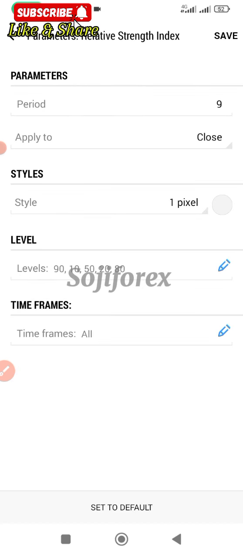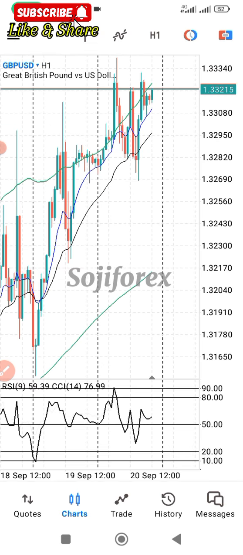The relative strength index, the period is 9, the pixel is 1, you apply to close. Change the color here to your background color and you can see the levels. And then we have our commodity channel index, the period is 14, you apply to typical price, high, low, close 3. And once you have done that, you are set.